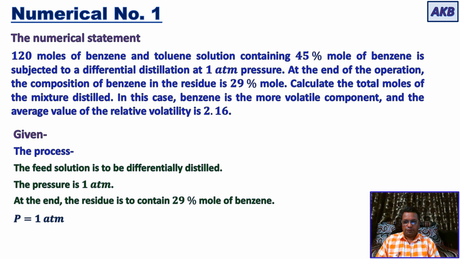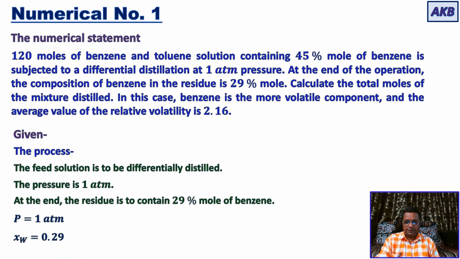So from this information, what can we note? We can note that pressure is 1 atmosphere and XW, that is composition of the residue, mole percent of more volatile component in the residue is given to us. It is 29%. So from that, we will note XW as 0.29. So if it is 29 mole percent, mole fraction will be 0.29.